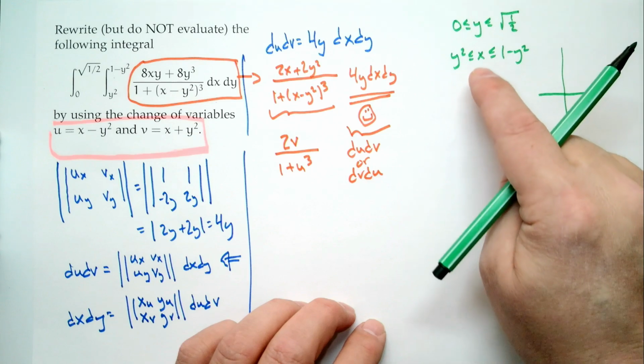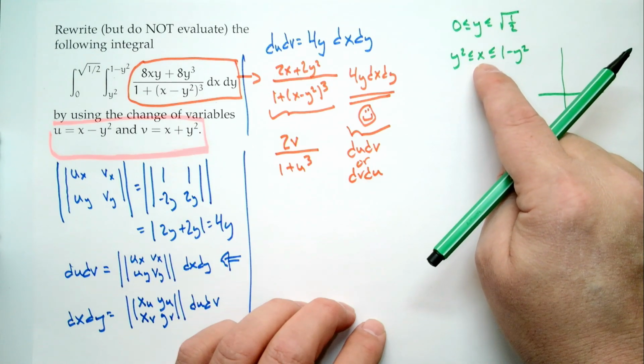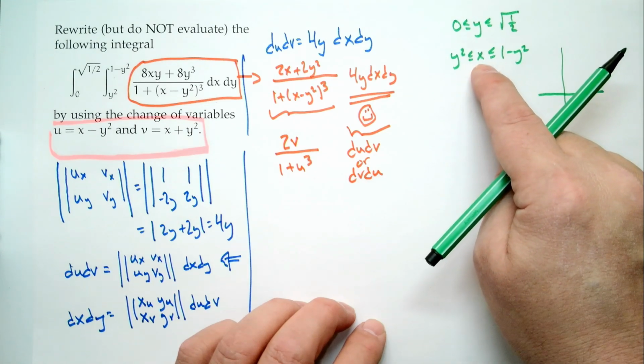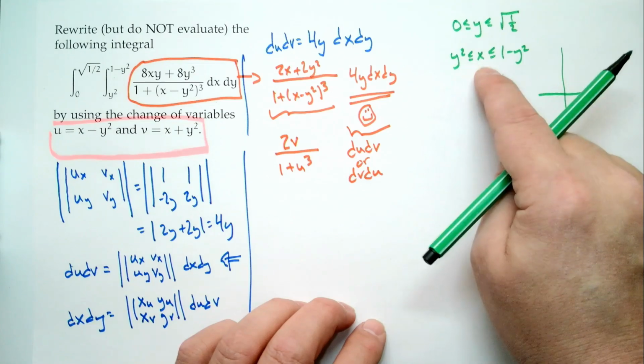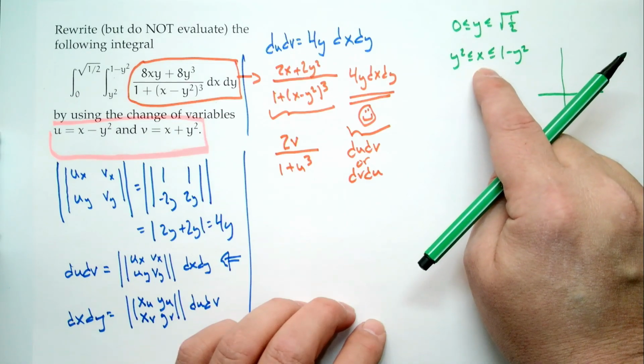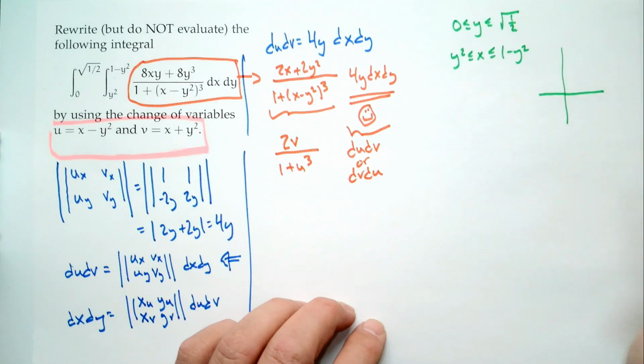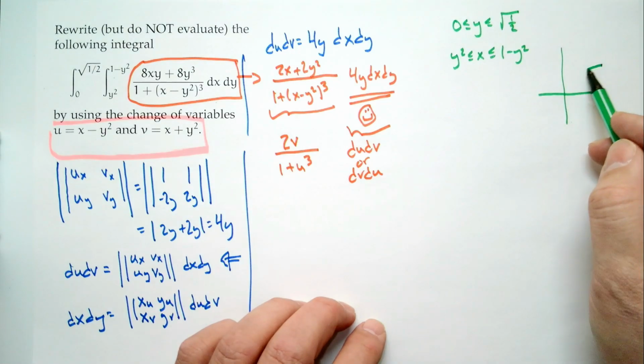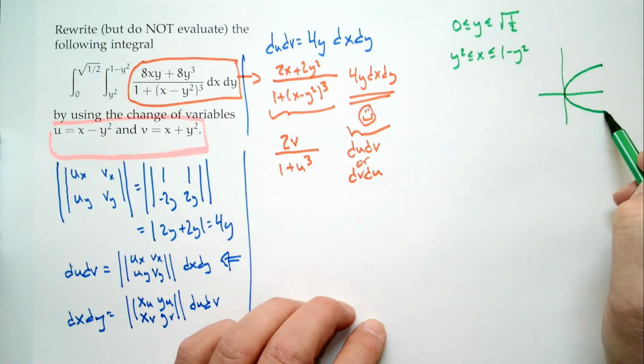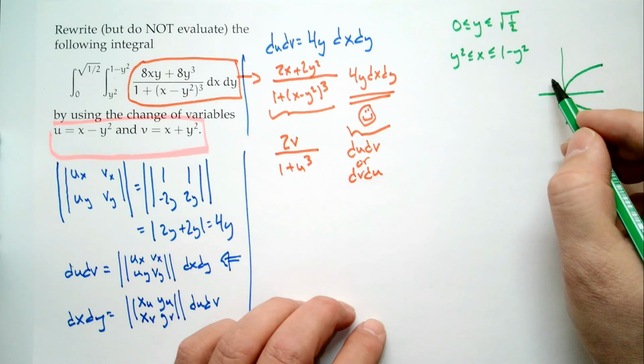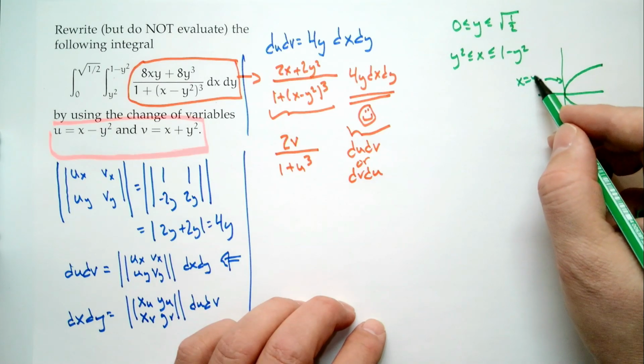Well, we see this curve x equals y squared. What does x equals y squared look like? It's a sideways parabola. It opens to the right. So there is our x equals y squared.